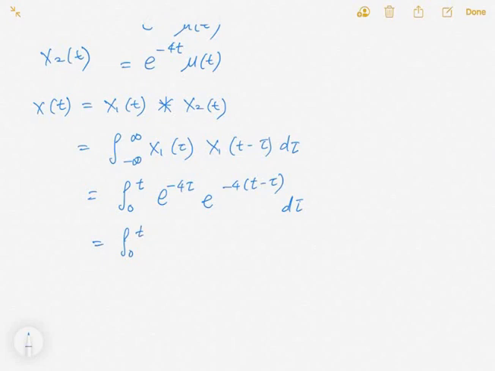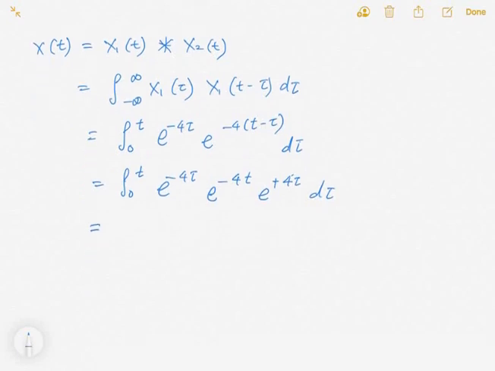You multiply each one, so you get exponent negative 4t, exponent positive 4 tau d tau. So you take out the exponent negative 4t because what you want is just the tau in terms of tau. It's in terms of t, so you take it out as a constant.